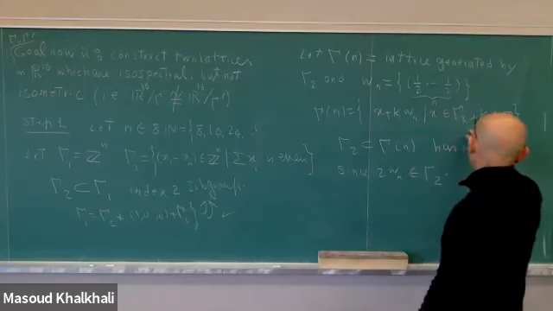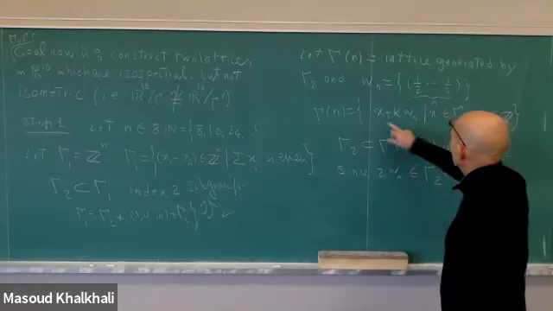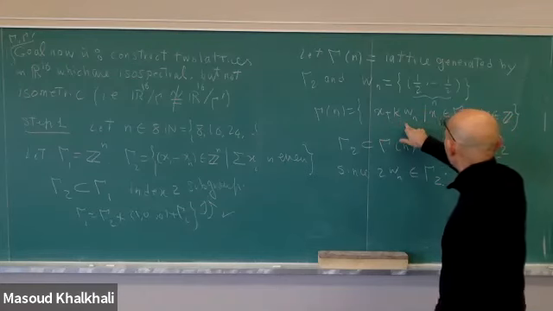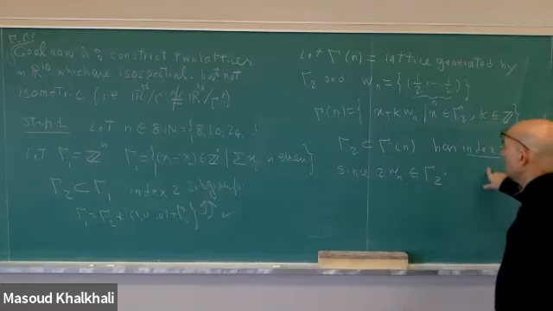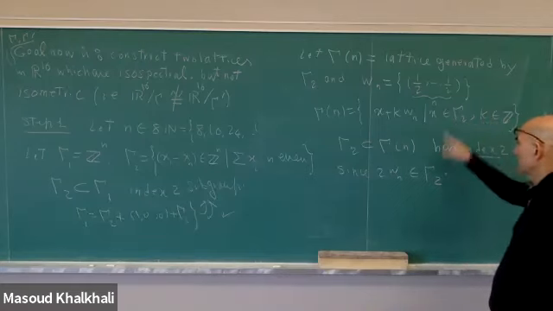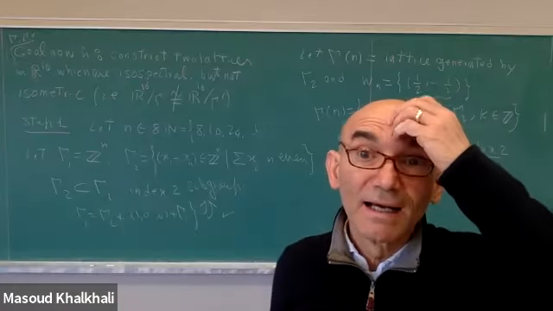So yes, indeed, we just take all multiples, and this is the set of all x plus kWn such that x belongs to gamma 2 and k belongs to Z, an integer. So this also has index 2, as I explained. Do we require n to be even?